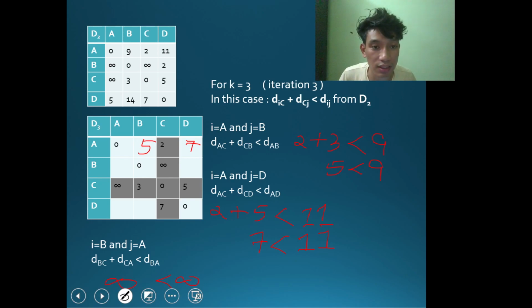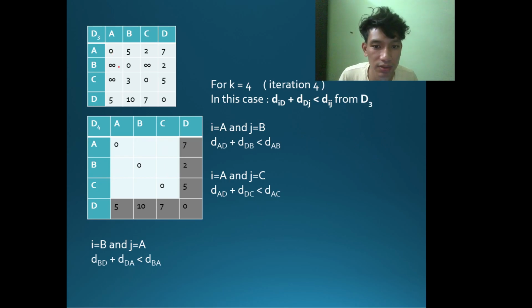So infinity less than infinity, it will always remain infinity. So the condition is not true, so we will write it as it is. Similarly, we can carry on and find out all the values of these elements here.